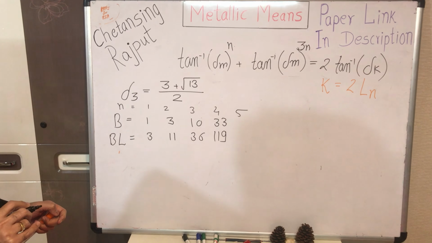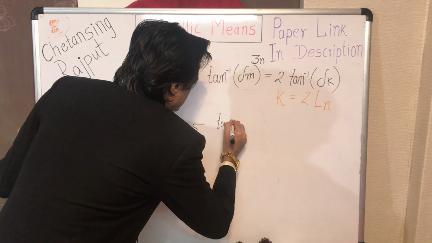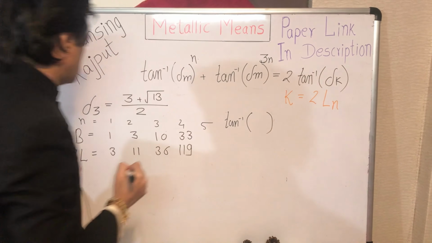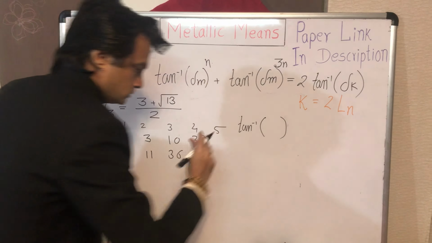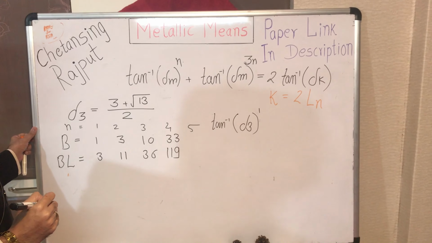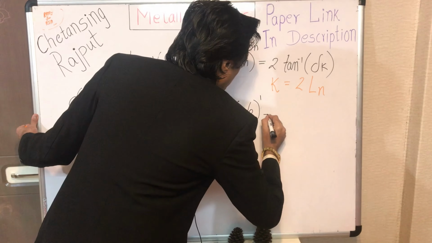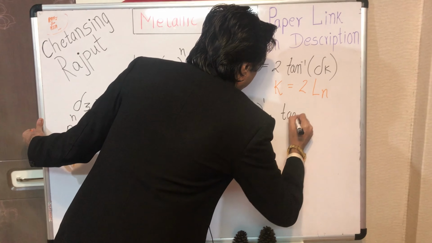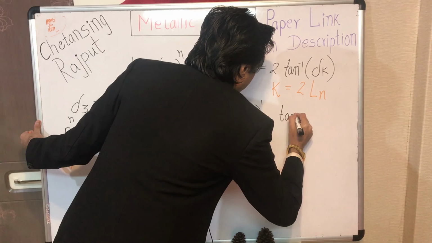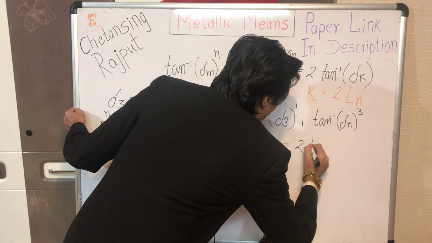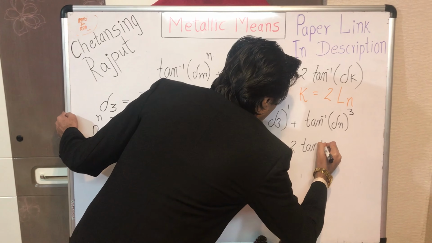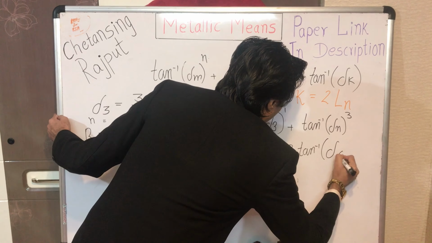Tan inverse of the first power of the bronze ratio plus tan inverse of 3n, meaning the cube of the bronze ratio, will precisely give us the value of the sixth metallic ratio.